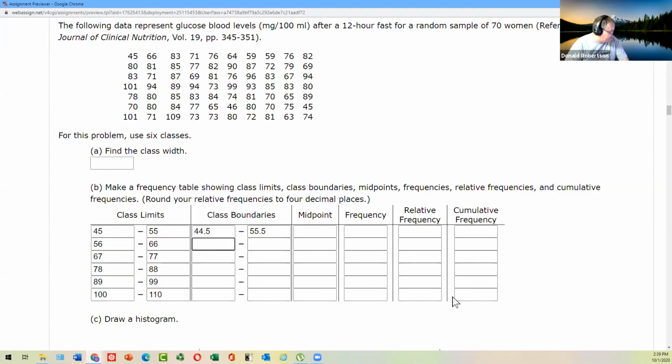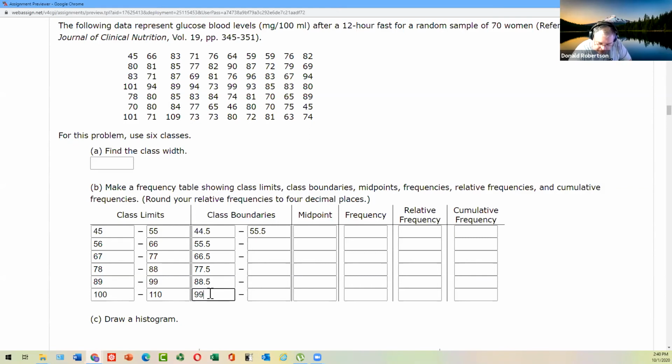So once you've done those ones, you can then use the trick. Everything's 11 more than it was before. So 55.5. I keep hitting the wrong buttons. I think it's my eyesight. 55.5. There we go. What's that one going to be? 66.5. 77.5. 88.5.